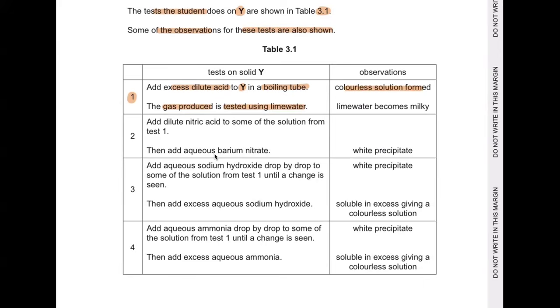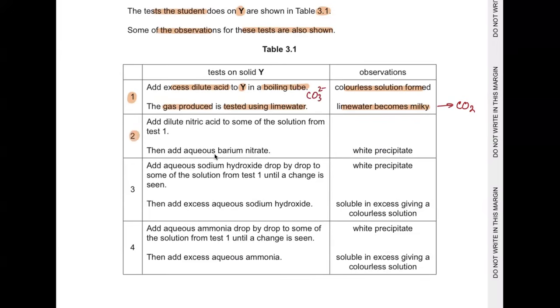A colorless solution is formed and the gas turns lime water milky. So the gas is carbon dioxide. And if this is carbon dioxide, then which ion is present in Y? Carbonate. Very good. So it means carbonate ion is there.